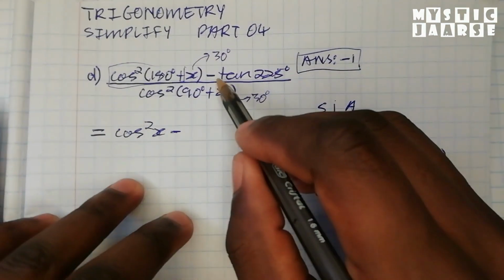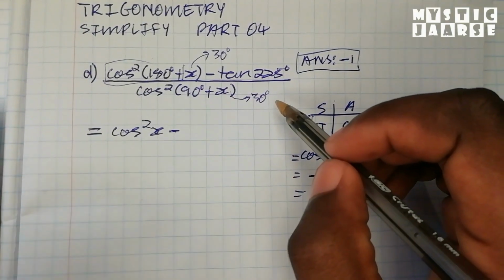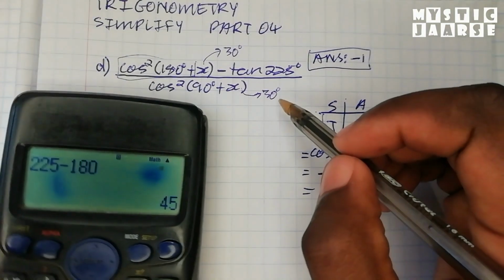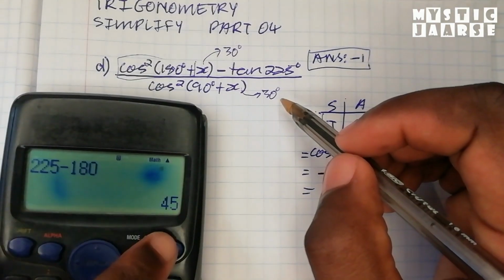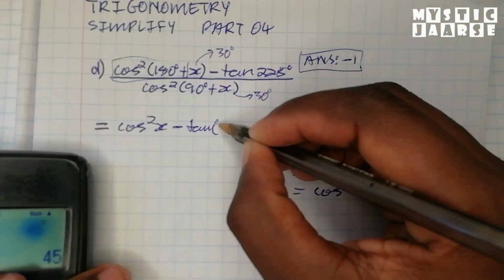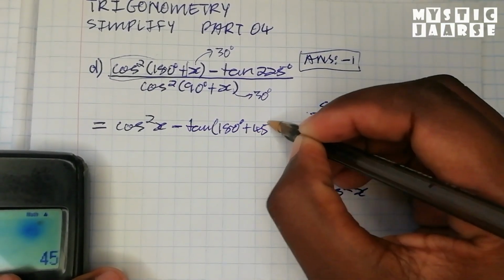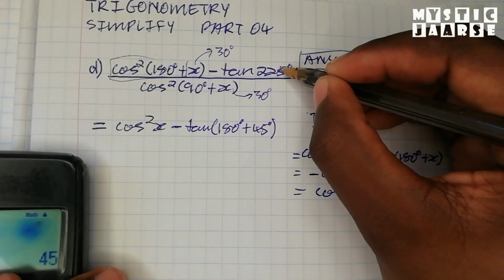We need to rewrite negative tan of 225 in terms of 180 and 45. So we say tan of 180 degrees, when you add 45 degrees to it, you get 225.